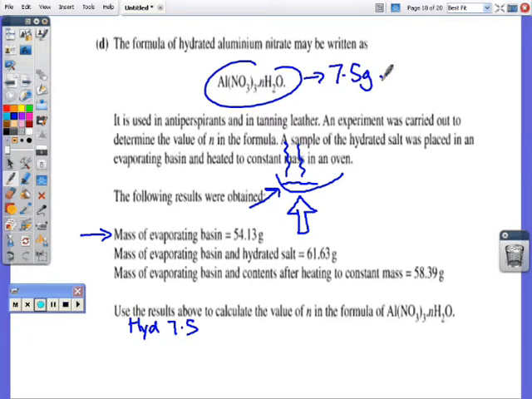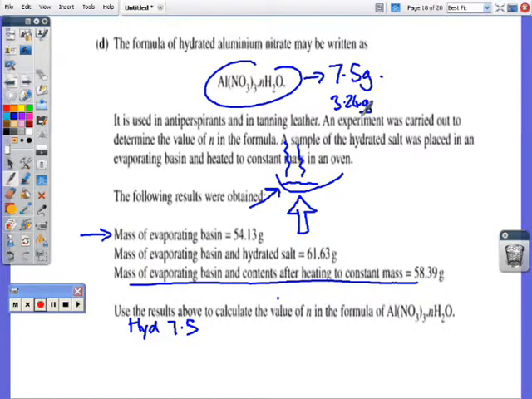Now, the mass of the evaporating basin contents after heating, well, that must have meant that after heating you removed the water. So the mass went down from 61.63 to 58.39. That meant that you removed 3.24 grams of water.